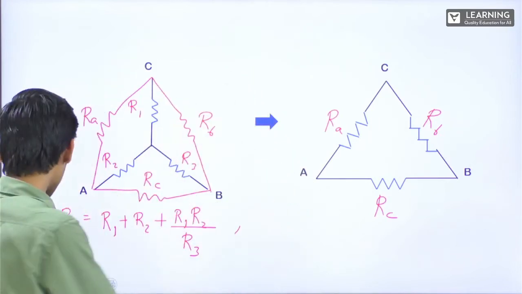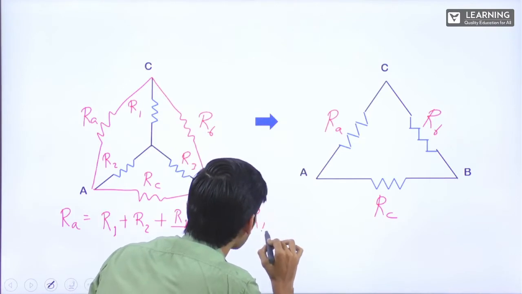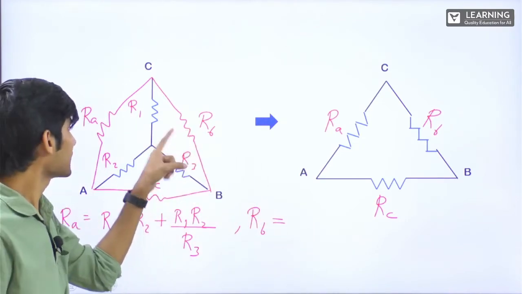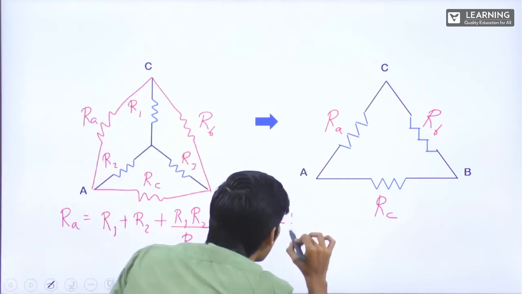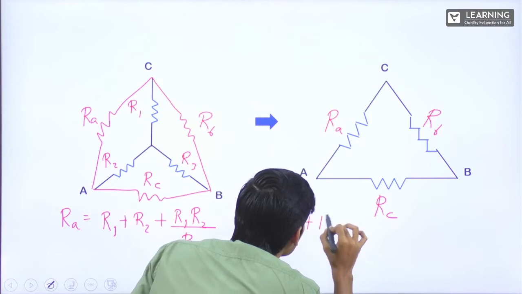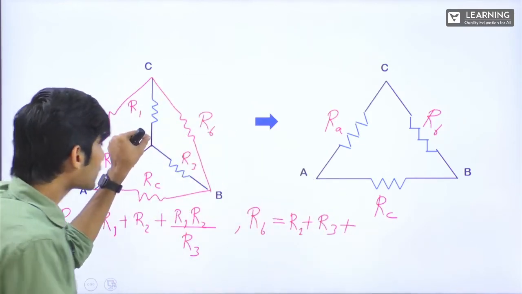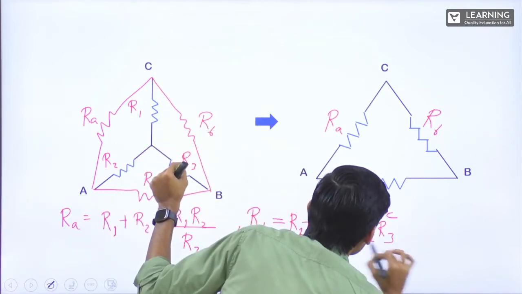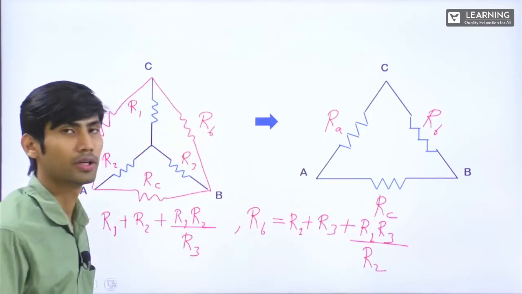All right. So now can you tell me the formula for RB? RB. See, these are the two resistances at the cap. The sum of the cap, R1 plus R3, plus third term will be the product of the cap, R1, R3, divided by the one which is in the front, that is R2. Clear?